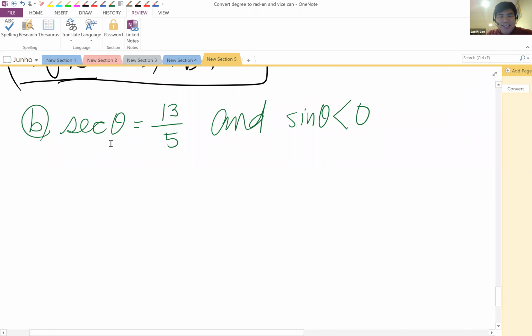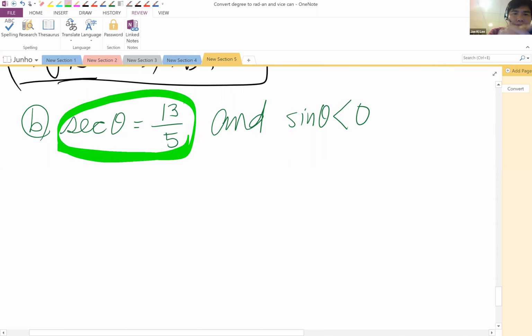Okay, anyways, secant theta equals 13 over 5 and sine theta is less than 0. So we need to understand this first. So on the plane here, 13 over 5 and the sine theta is negative.